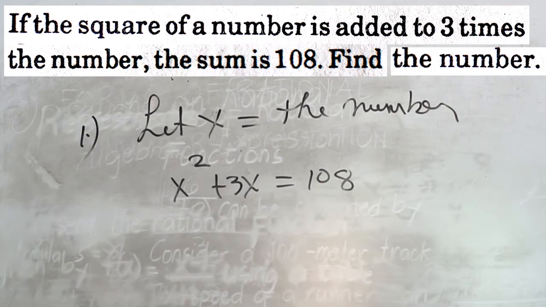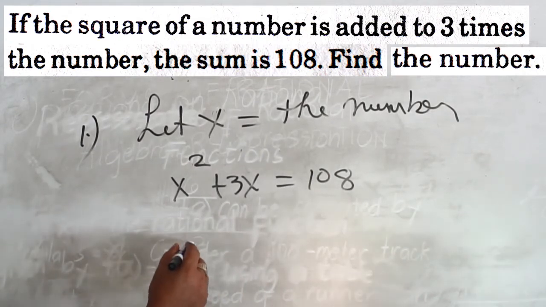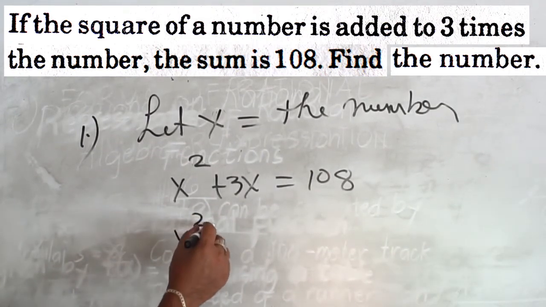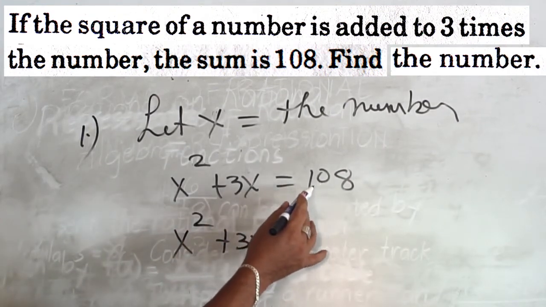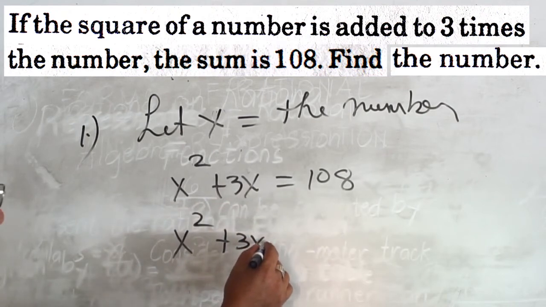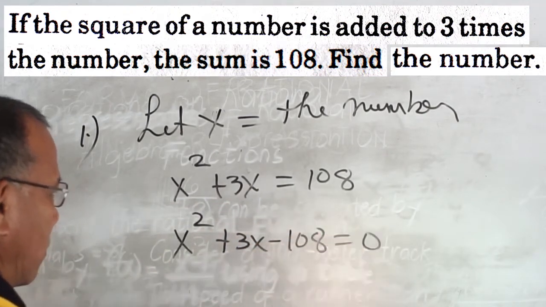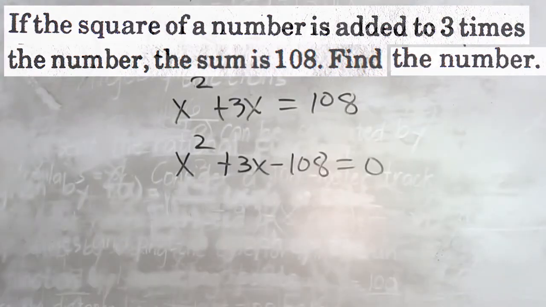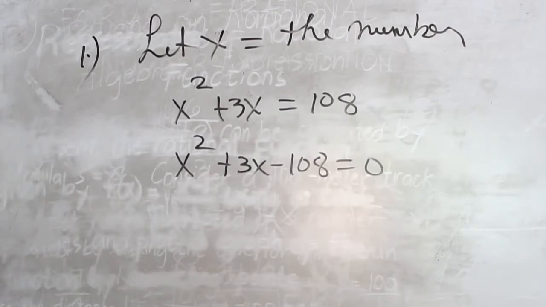Then you have to write it in the standard form of a quadratic equation. So we have x squared plus 3x, then transpose, positive 108 becomes negative 108, equals 0. This equation we can solve by factoring.